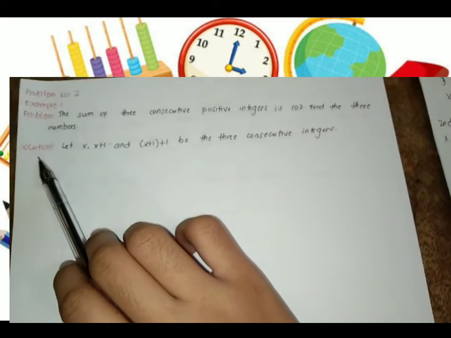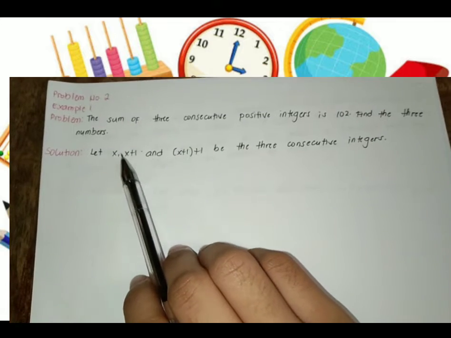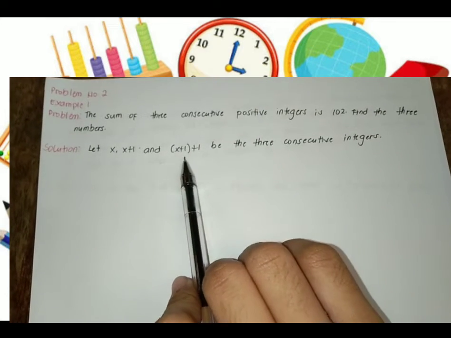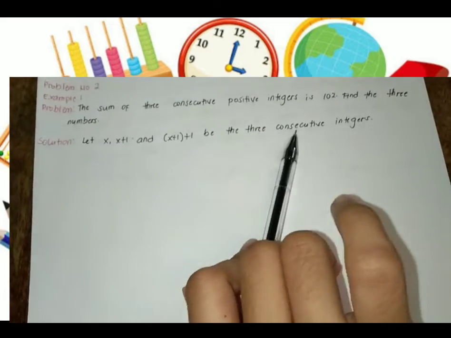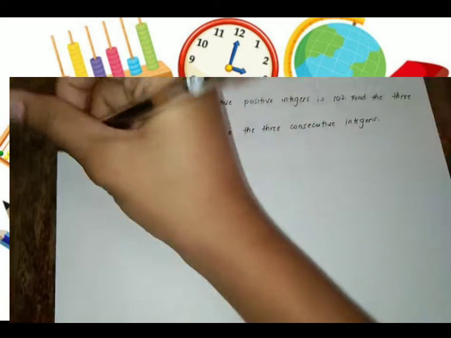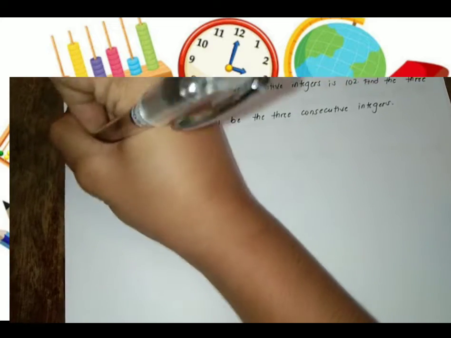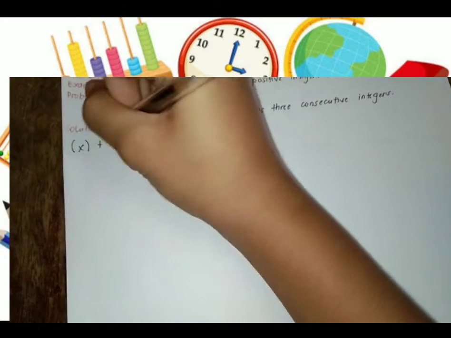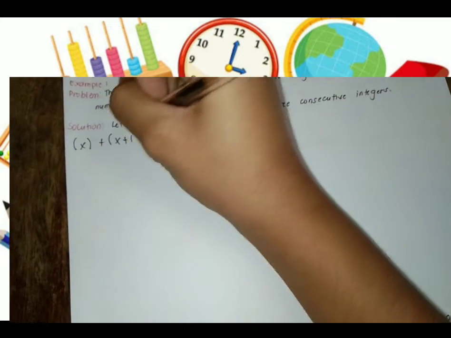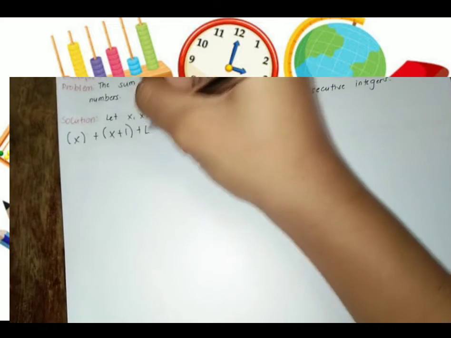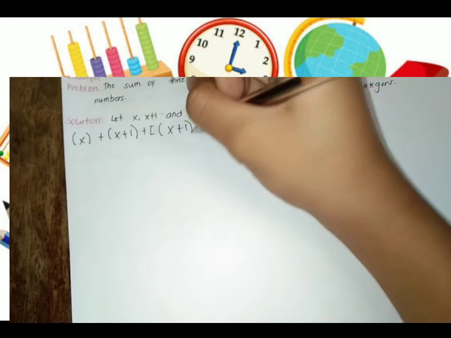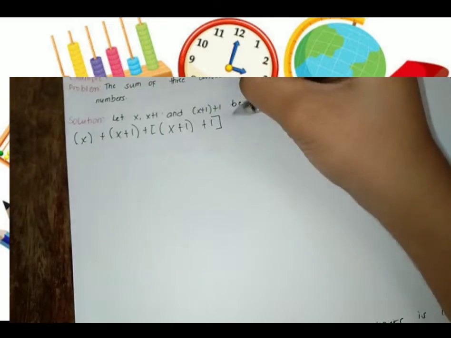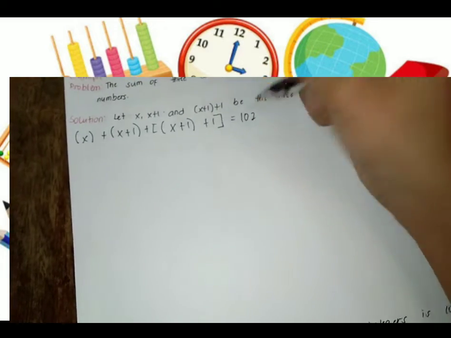Okay, so the solution is let x, x plus 1, and quantity x plus 1 plus 1 be the 3 consecutive integers. Okay, so the solution is quantity x plus quantity x plus 1 plus bracket quantity x plus 1 close parenthesis plus 1 bracket is equal to 102.